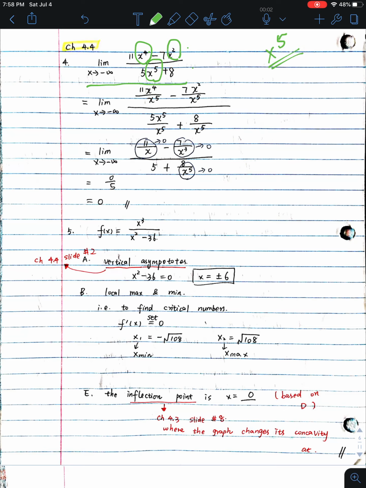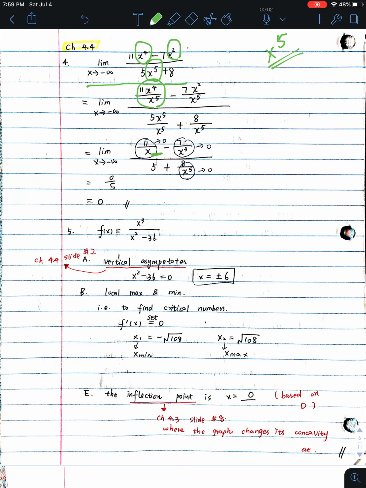So after finding the highest power of x, we let both the numerator and denominator be divided by the highest power. So we divide both numerator and denominator by x to the power 5. The first term divided by x^5, what's left is 11 over x.